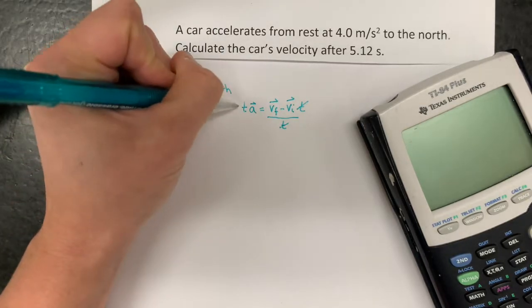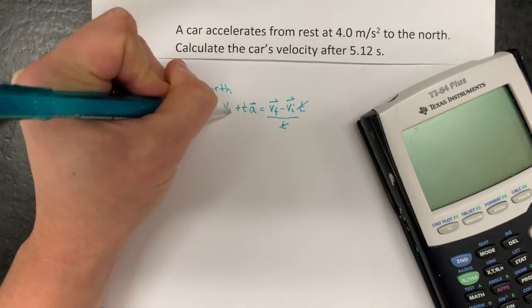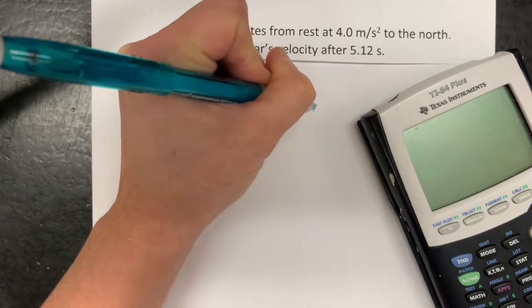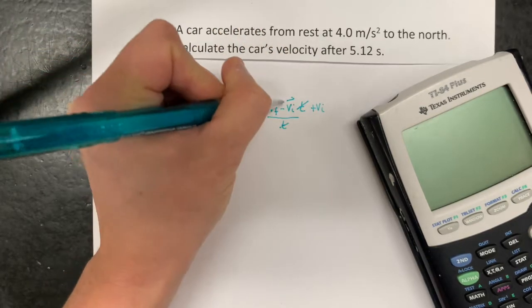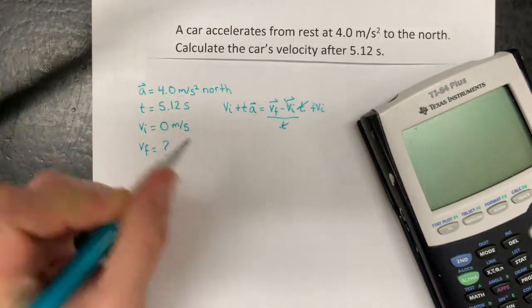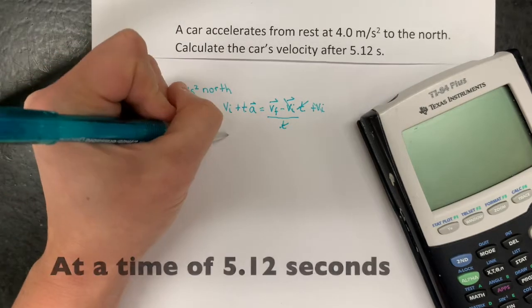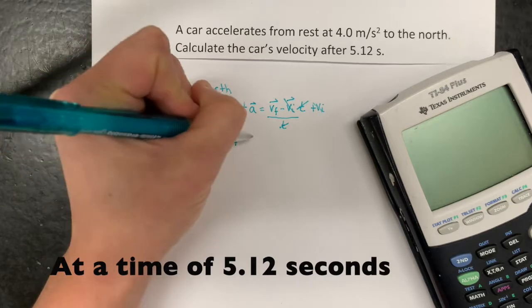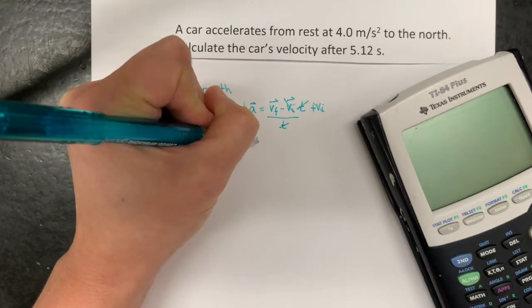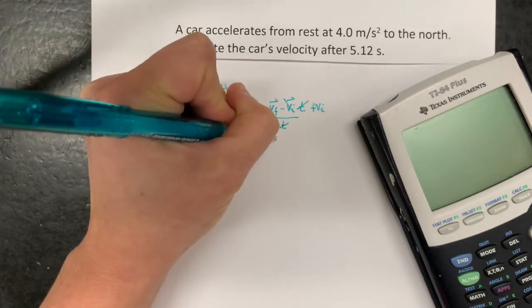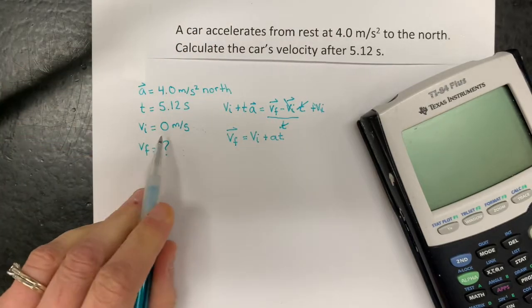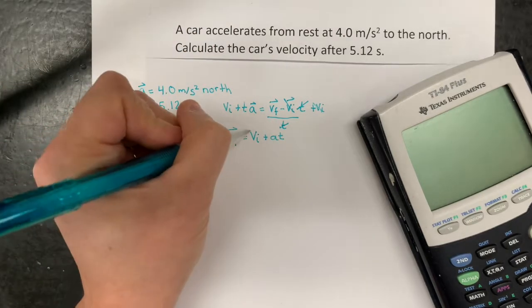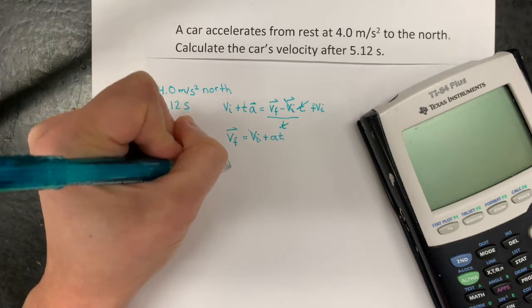And then I'm going to add vi to both sides, which allows me to cancel. So I get the final formula of vf equals vi plus at.